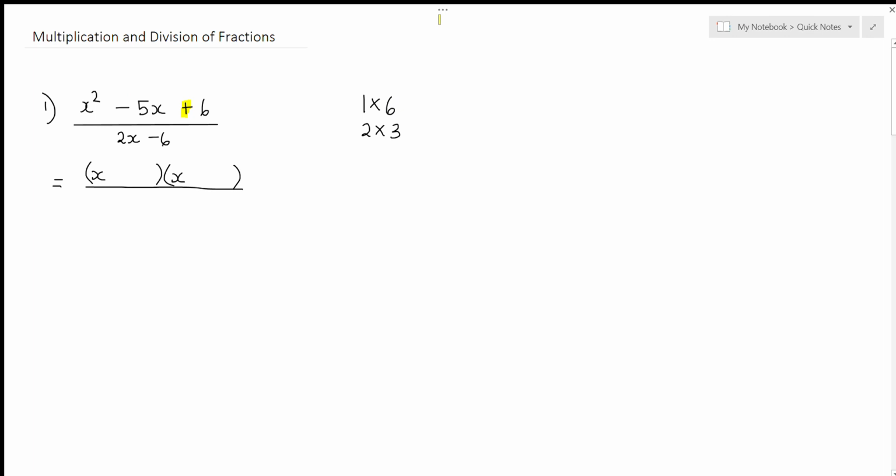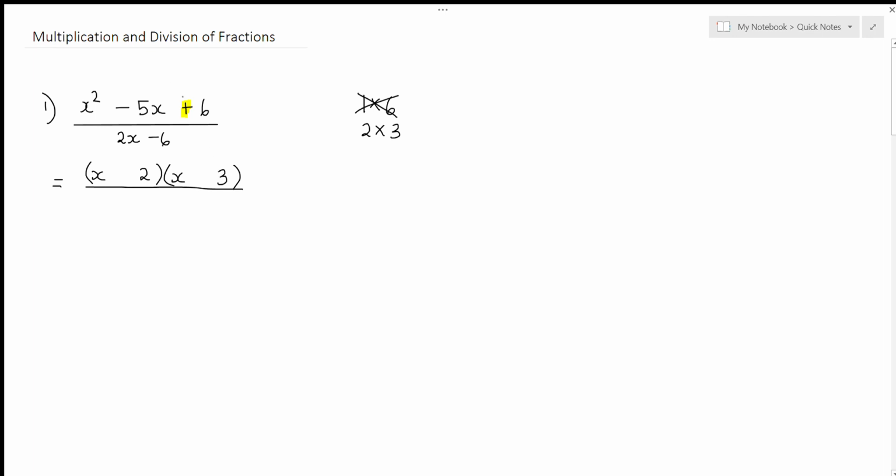So the first one is 1 plus 6, and 1 plus 6 is 7, so we eliminate that one. And here we have 2 plus 3, which would give me 5, and 2 times 3 is 6 to give me my third term. So we're going to have 2 and 3 here.